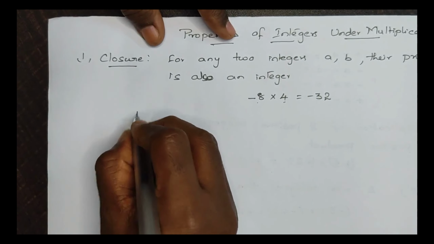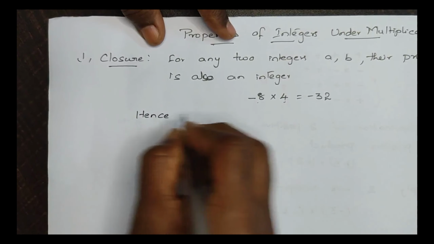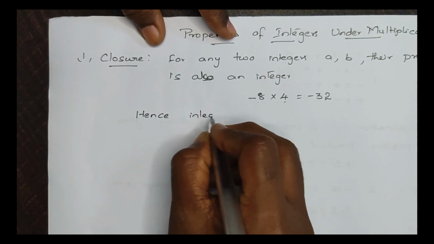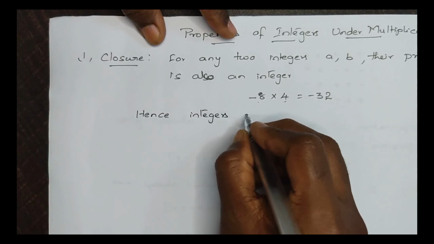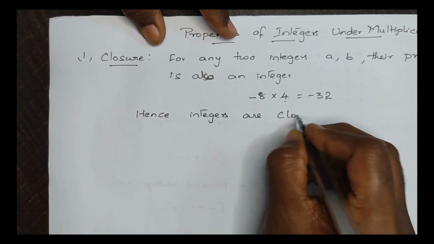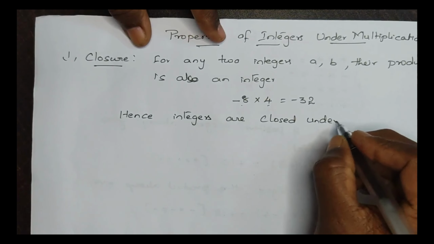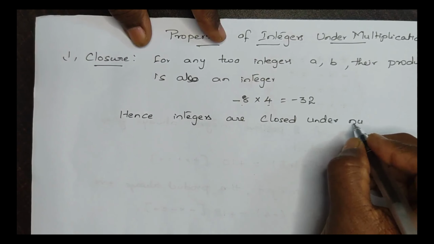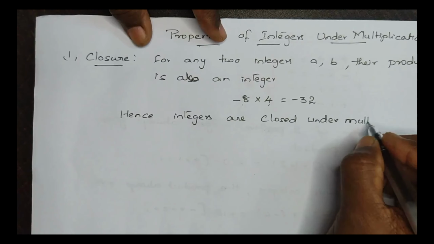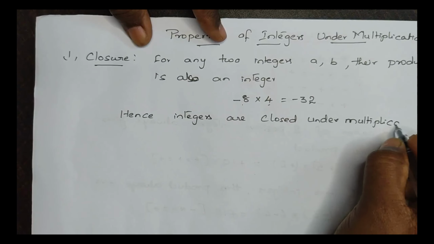So hence we say that integers are closed under multiplication. Clear?